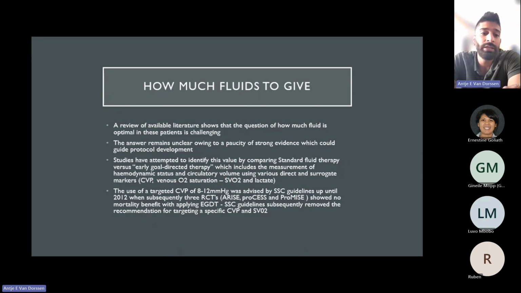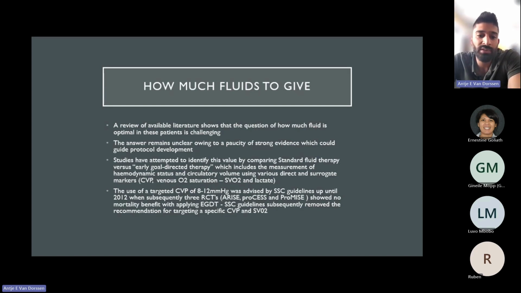Studies have attempted to identify this value by comparing standard fluid therapy versus what a lot of researchers called early goal-directed therapy, which is essentially including the measurement of the hemodynamic status of the patient and circulating volume, using various direct and surrogate markers of overall circulatory volume, i.e. central venous pressure, venous O2 saturation, as well as lactate measurements.